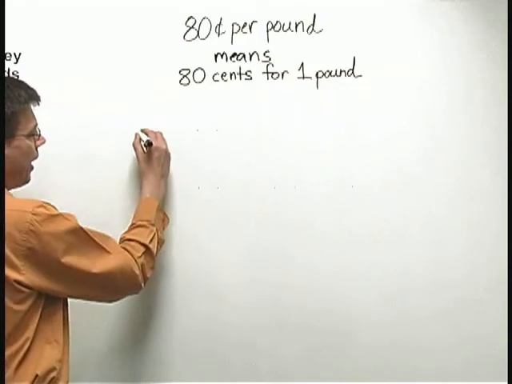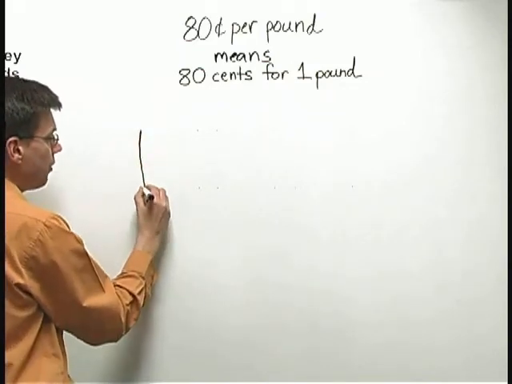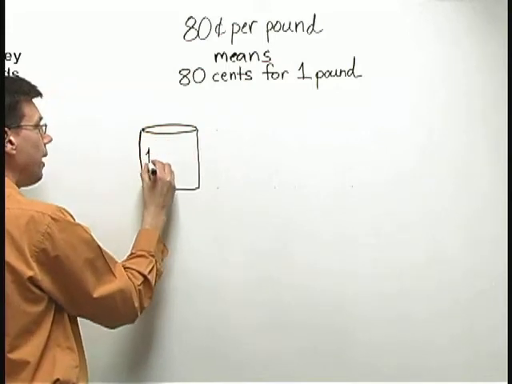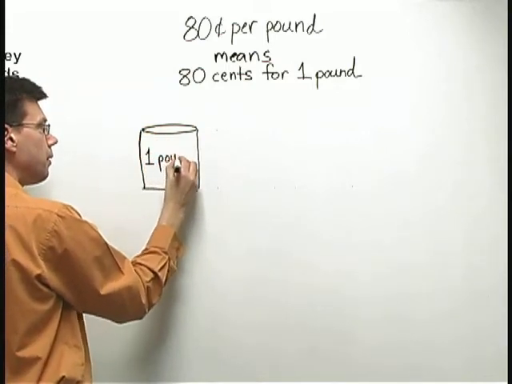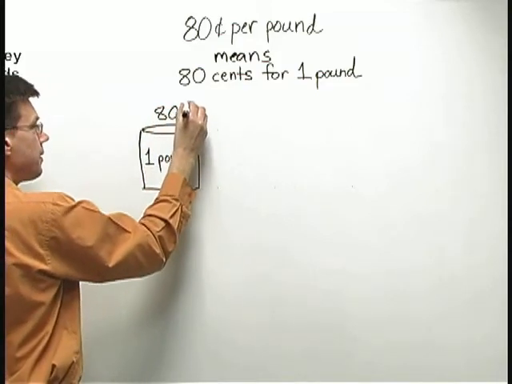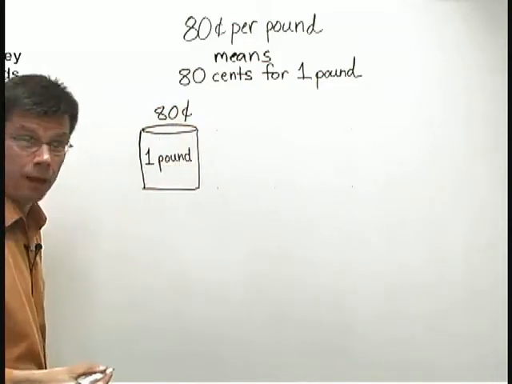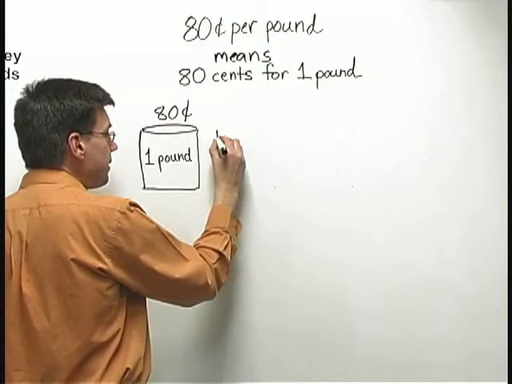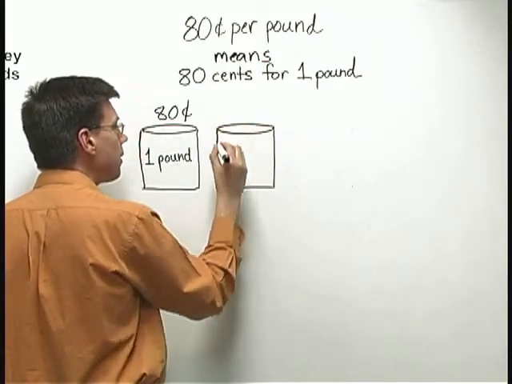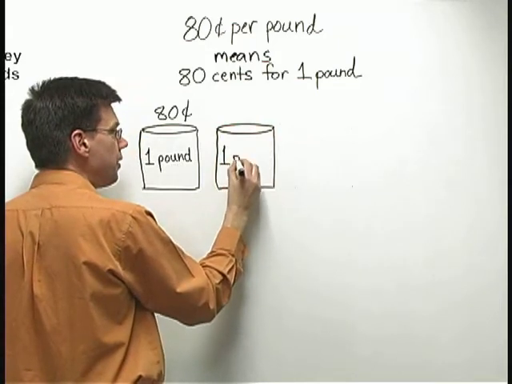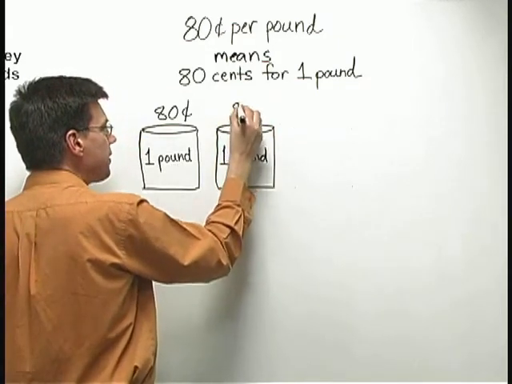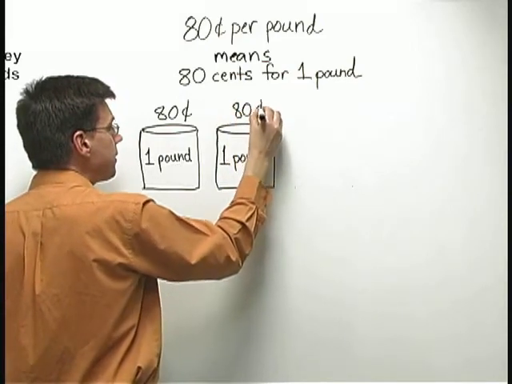If I were to buy just 1 pound of beans, so here's 1 pound, that pound costs 80 cents. If I were to buy a 2nd pound of beans, so here's another pound, this pound costs another 80 cents.